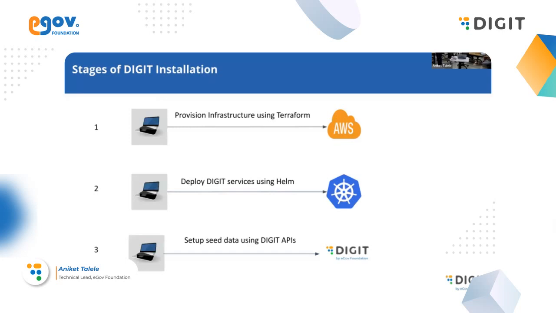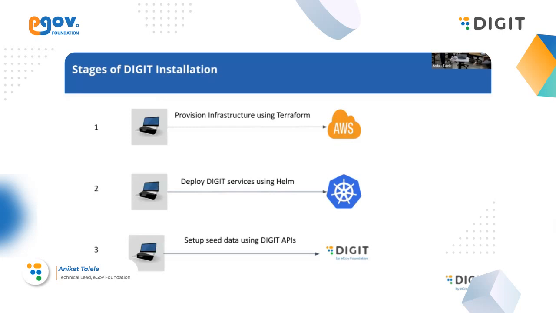Now, once that is done, there is one last step for you to start creating applications. Once deployment is done, let's take the example of PGR. For the PGR application to run, you need certain things like localization, what labels to show on the UI, and what the workflow configuration should be for your PGR.